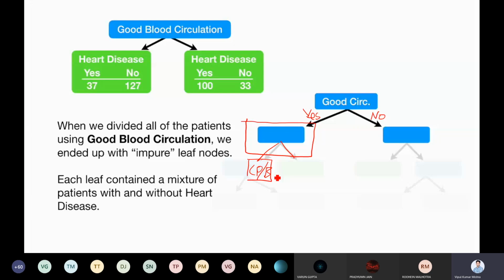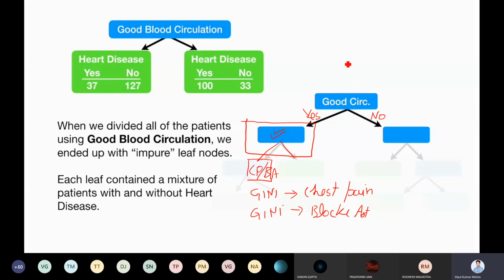Again, based on the numbers coming here, you will compute the Gini score for chest pain and the Gini score for the blocked arteries. Once you compute both, you will get to know which one you have to select first, and based on that you will move ahead.